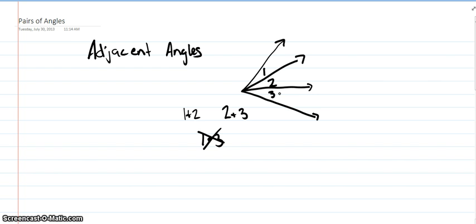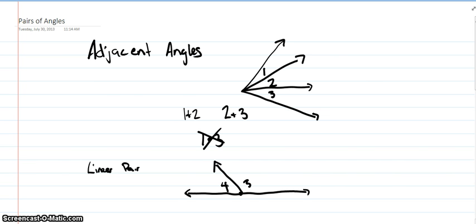Okay. So now we've got a linear pair as well. A linear pair deals with an opposite ray, and if you remember from one of the first lessons, an opposite ray is a ray that shares the same endpoint and goes off in opposite directions. Here, if an angle shoots out of there, 3 and 4 would be a linear pair.